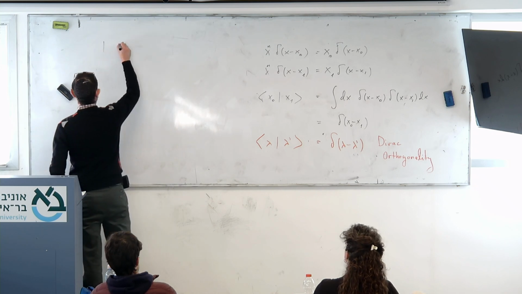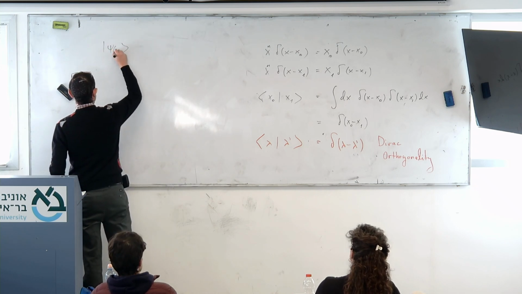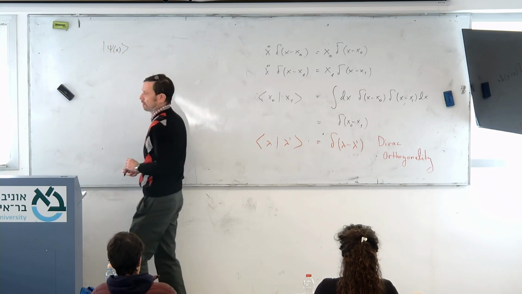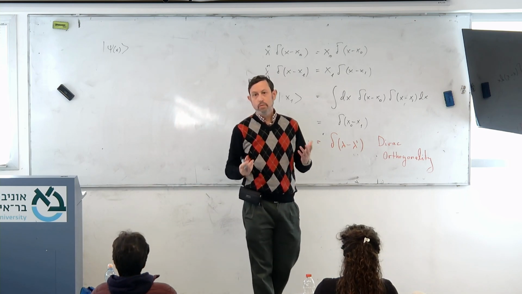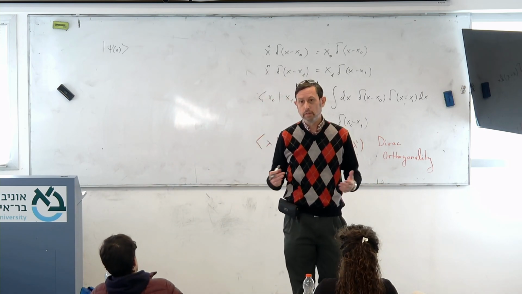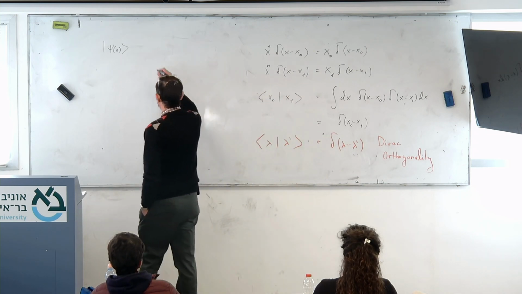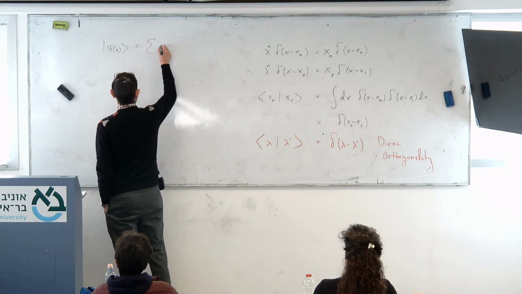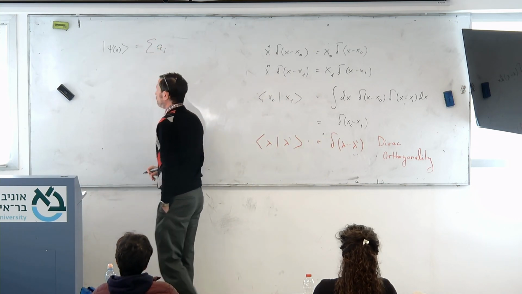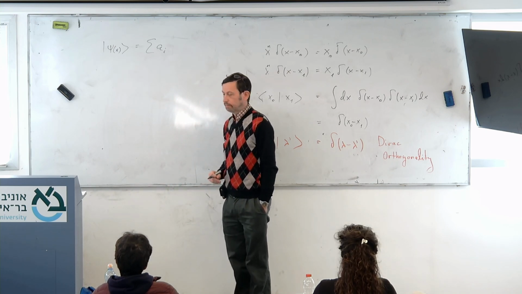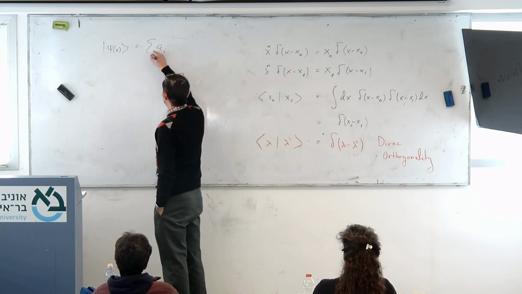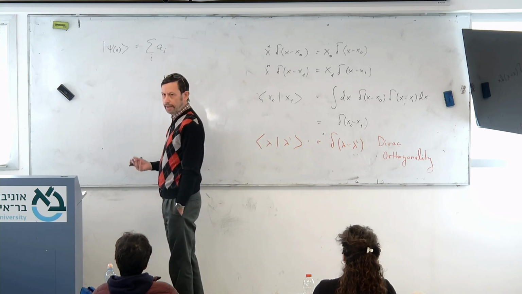Okay, so if I want to write a wave function in the basis of x, if it would have been discrete, I would put here a sum over ai.